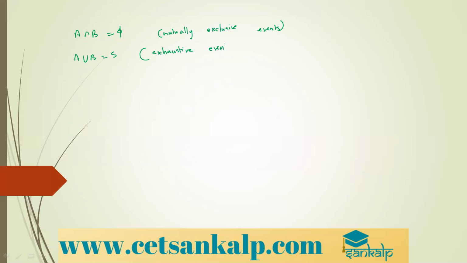Exhaustive events means A union B will be equal to S. Then probability of A plus probability of B will be probability of A union B. That is probability of S. That is 1. Probability of S is 1. Therefore, we can say probability of A plus probability of B will be 1.